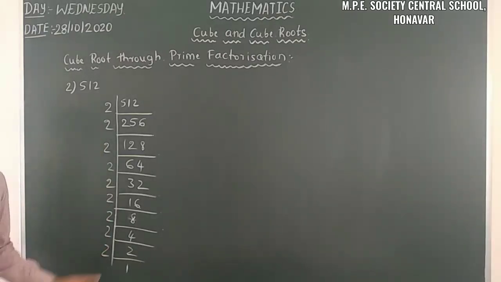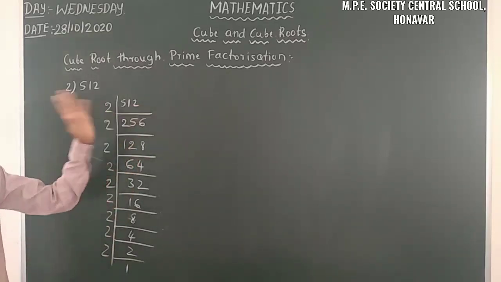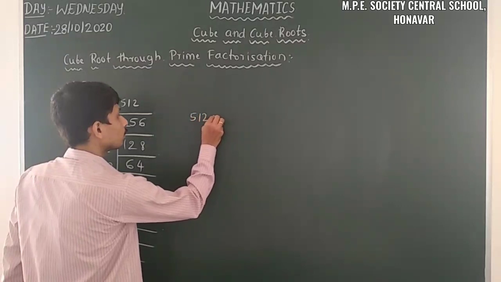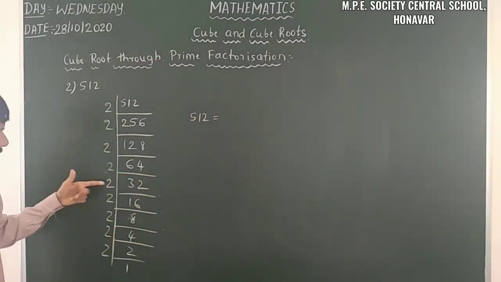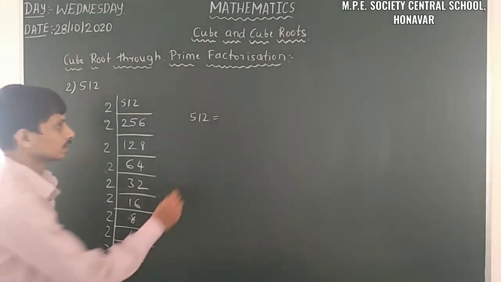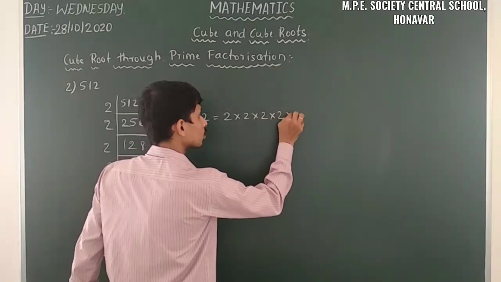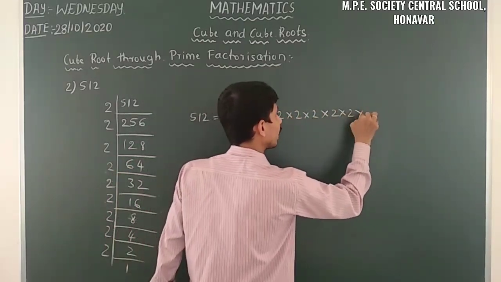So here it is completely the product of 2 only. Let us write it in the form of a product of prime numbers: 512 is equal to, how many 2's are there? 1, 2, 3, 4, 5, 6, 7, 8, 9. 9 2's are there.